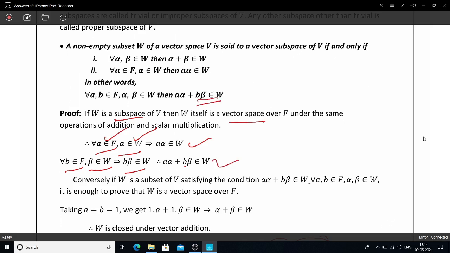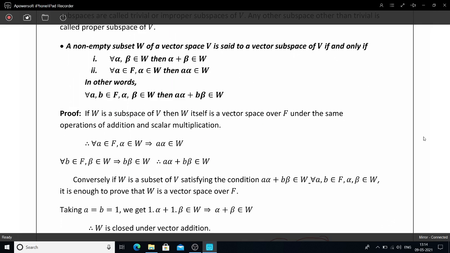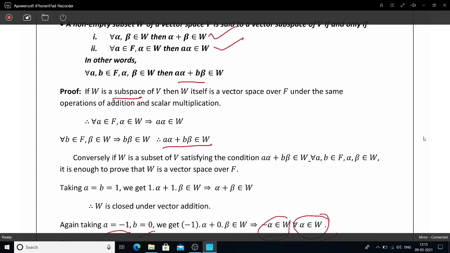That means what we proved here is that if it is a subspace, then it will satisfy both conditions, that is vector addition as well as scalar multiplication. The combination of these two, we can form this single result, that is A alpha plus B beta belongs to W. Conversely, since we have if and only if, we have to take the converse part also.